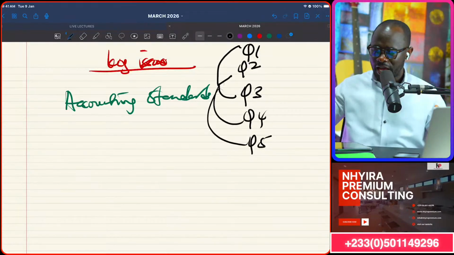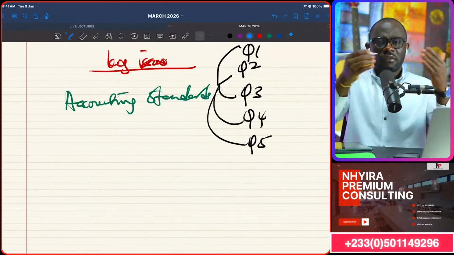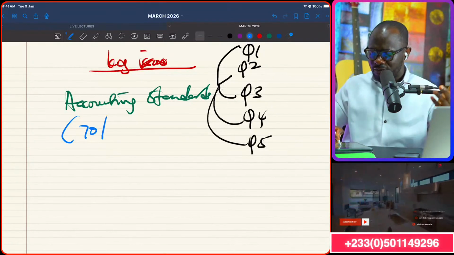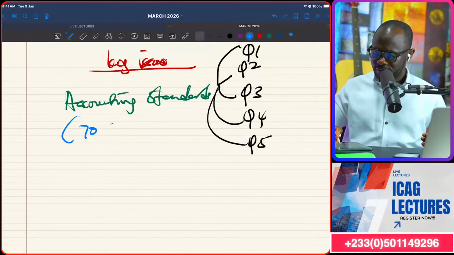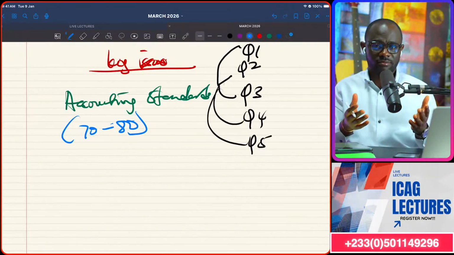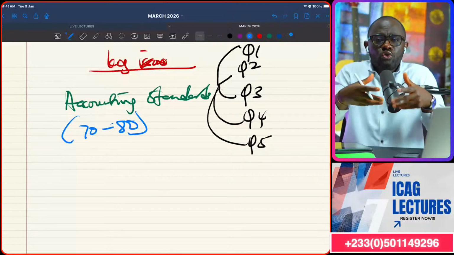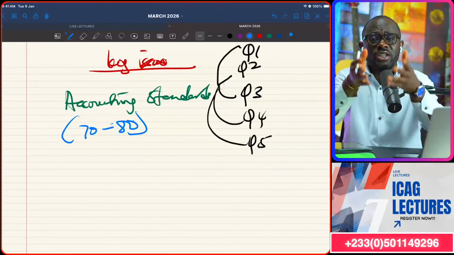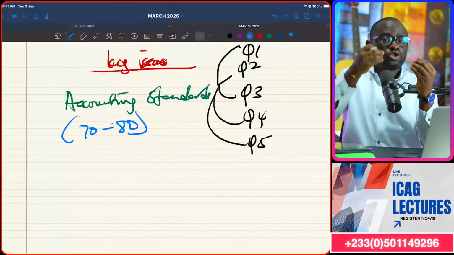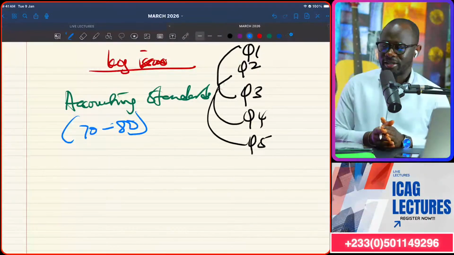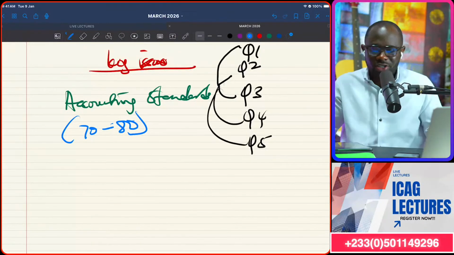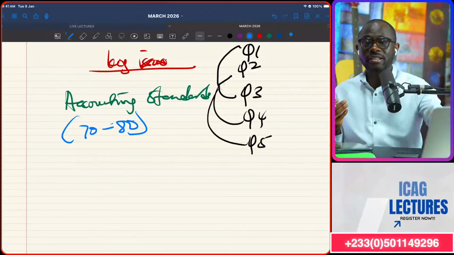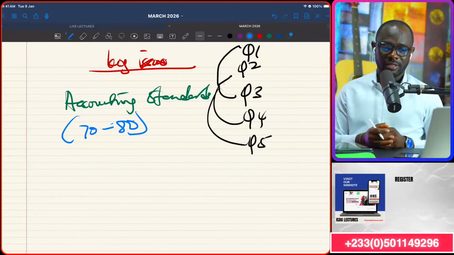It tells you that when it comes to the financial reporting examination, the accounting standard is going to take about 70 to 80% of the questions. In other words, you cannot do 70 to 80% of the things you're going to be seeing in financial reporting if you are not strong in your accounting standards. That is the secret here. So you want to pass financial reporting, you need to be strong in the accounting standards.